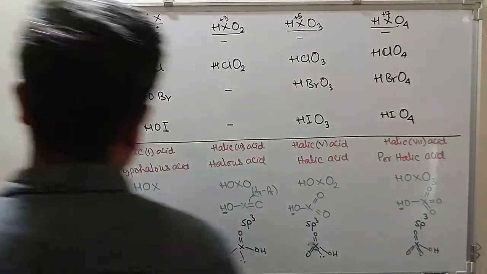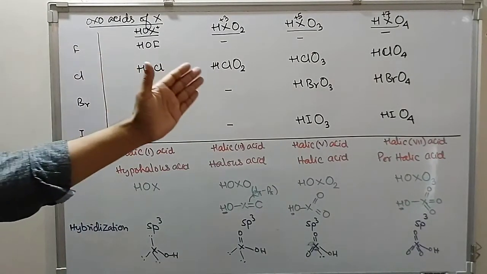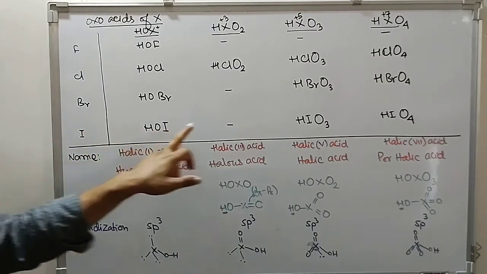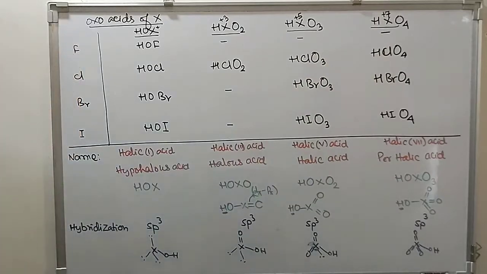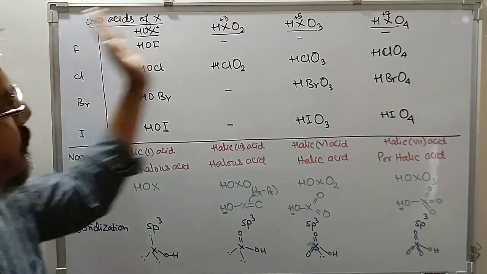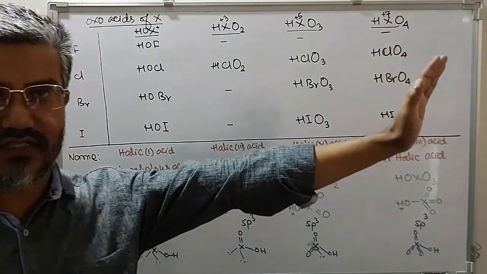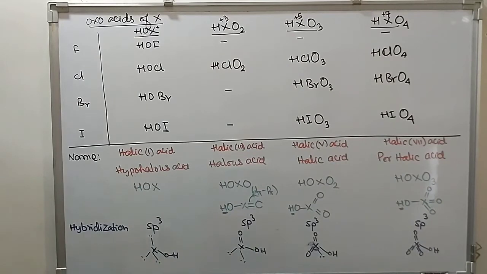Now if you look at the acidic character, moving from left to right in any particular series, take the series HOX, HXO2, HXO3, HXO4. Moving from left to right, as the oxidation state of halogen increases, or as the percentage of oxygen increases, acidic character increases.